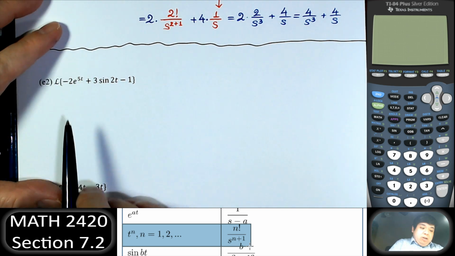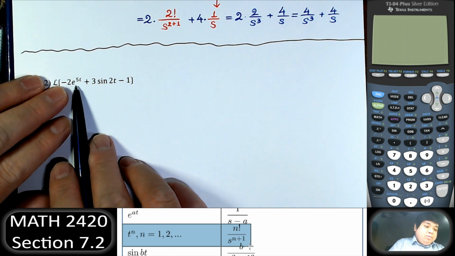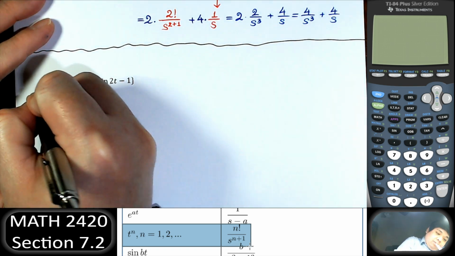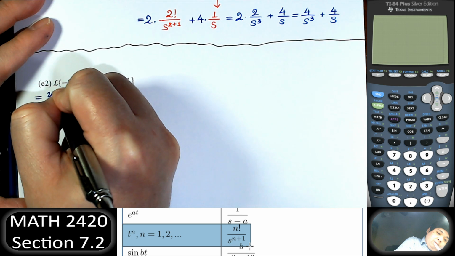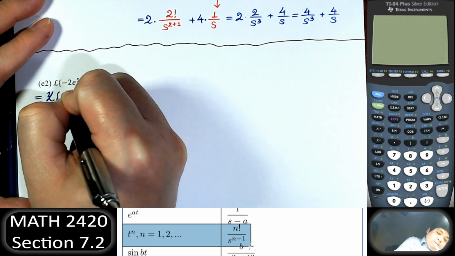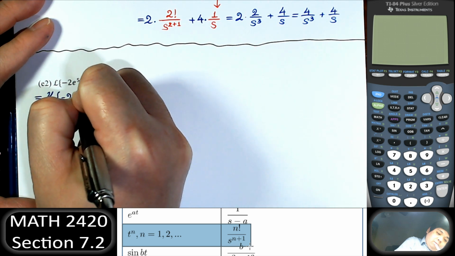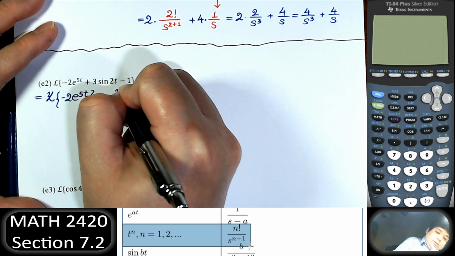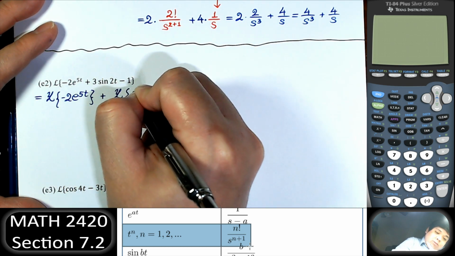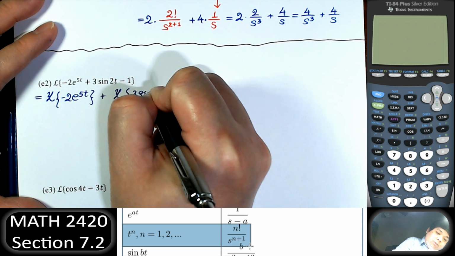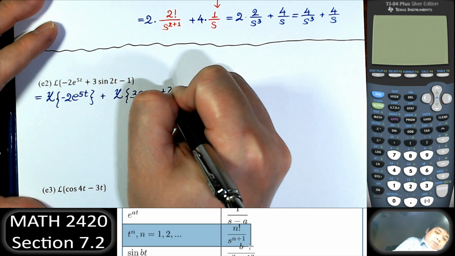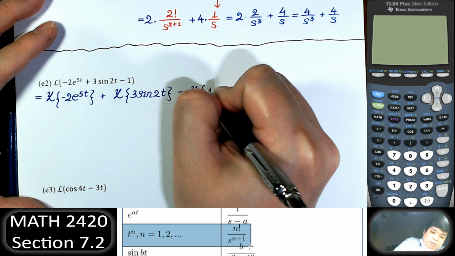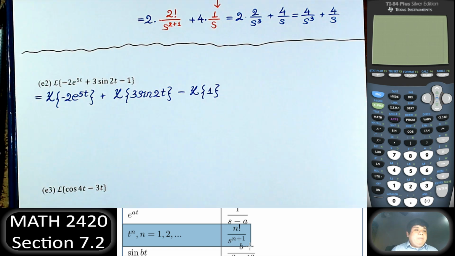So for a table, of course, first we have a sum or difference. Just split them. Yeah, we split them.